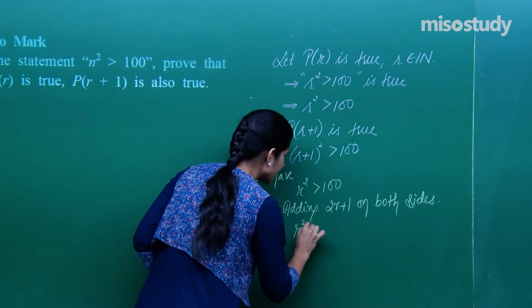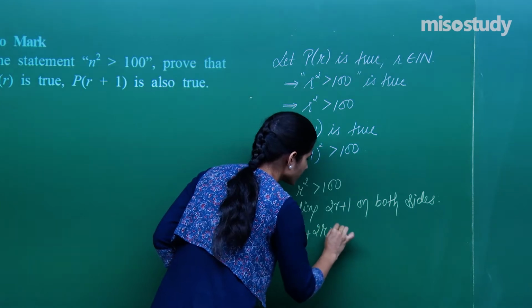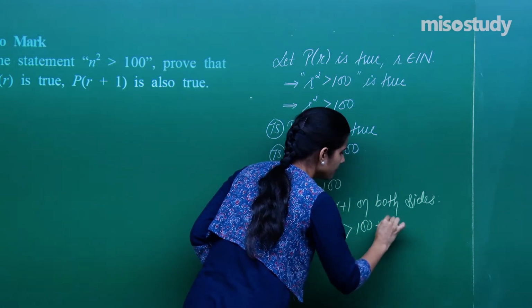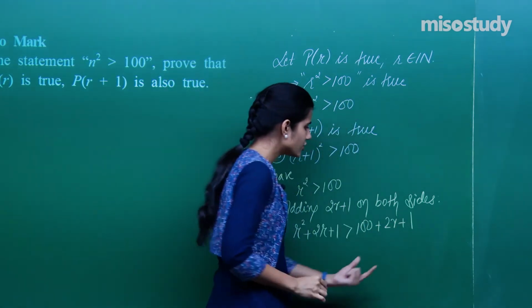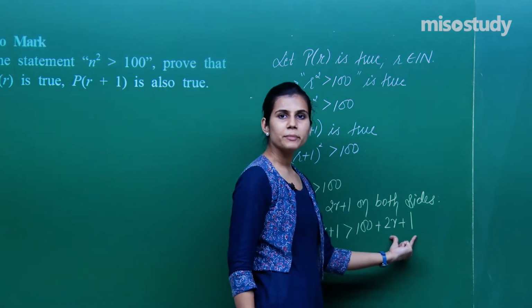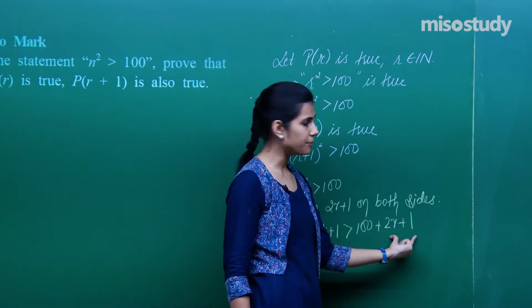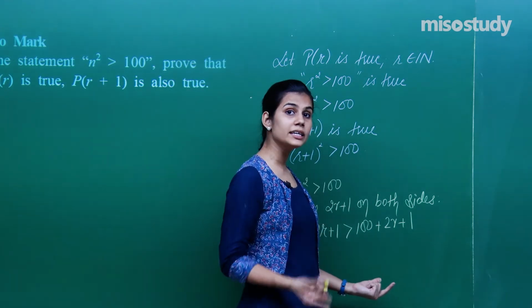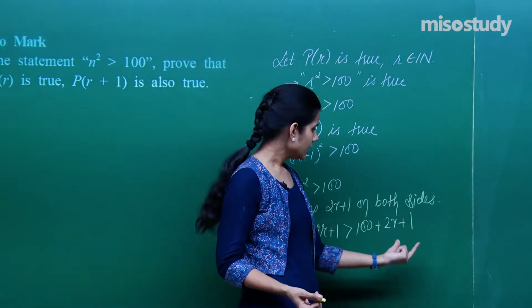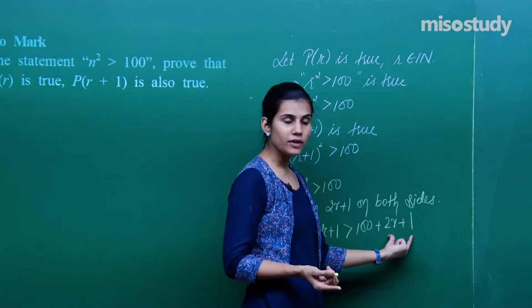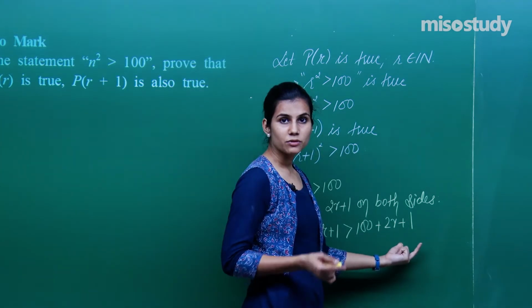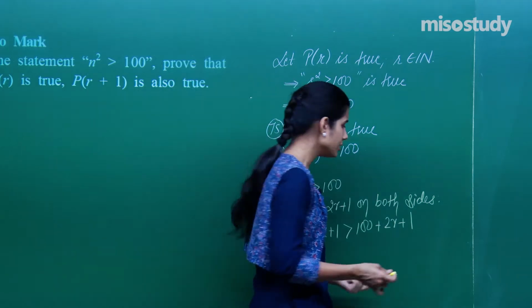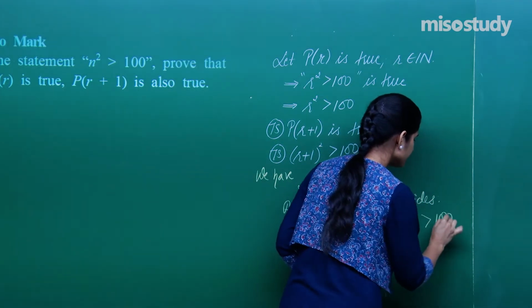So if I do that, I get R square plus 2r plus 1 is greater than 100 plus 2r plus 1. As I just said, 2r plus 1 is a natural number greater than 1 because R is a natural number. So 100 plus 2r plus 1 is a natural number strictly greater than 100. If this 2r plus 1 is greater than 1, then 100 plus 2r plus 1 is obviously greater than 100.